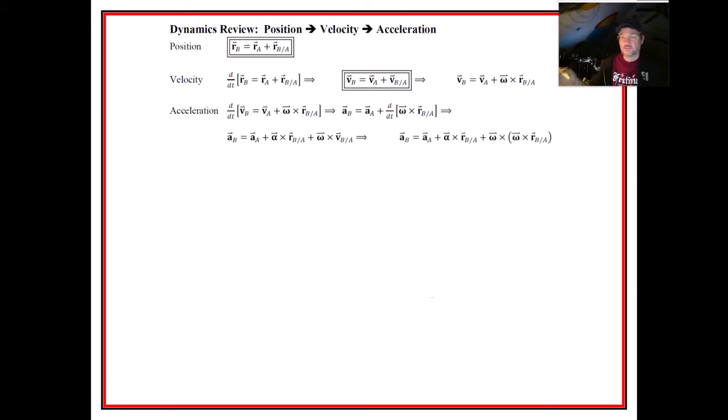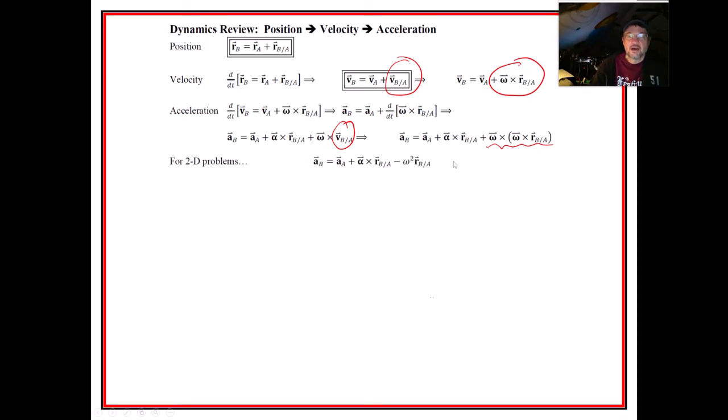We already happen to know that was true right here. So we substitute this back in there, and we're going to see that we have omega crossed with omega, but first, you have to cross it with the relative position vector. So we have this term. And this is what acceleration is for 3 dimensions, but also for 2 dimensions.